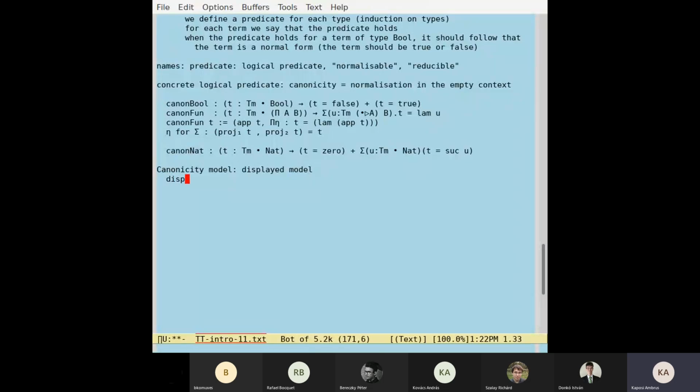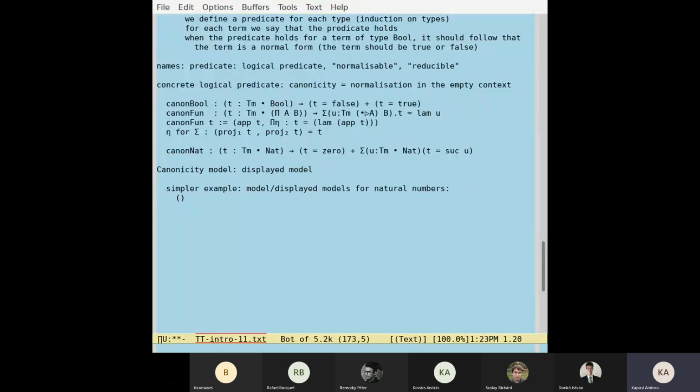So displayed, first a simpler example. Let's look at models and displayed models for natural numbers. Algebras and displayed algebras, that's a synonym.